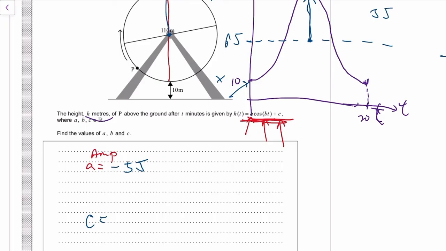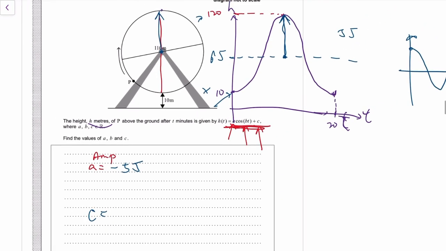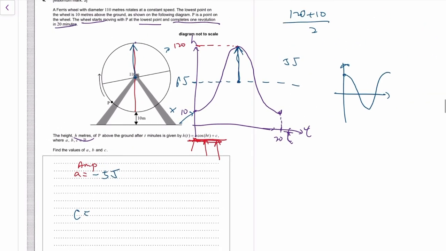C is actually the easiest. Let's do C first. C is the middle line, the principal axis. We had it as 65, so C is 65. Then the kind of hardest thing is B. B controls the period.